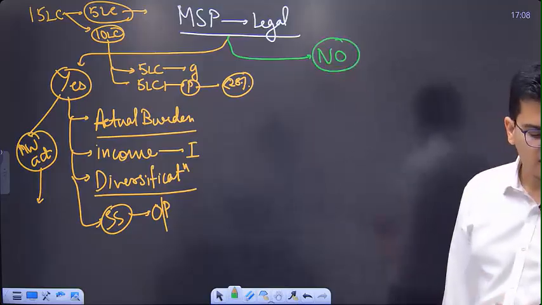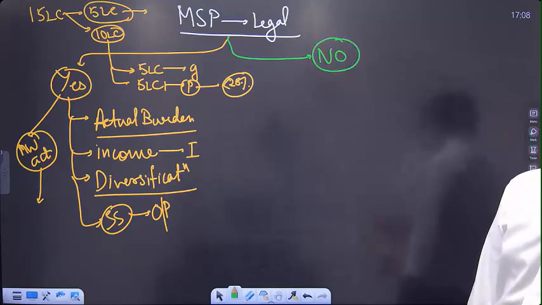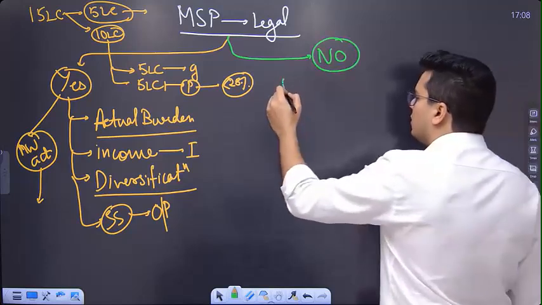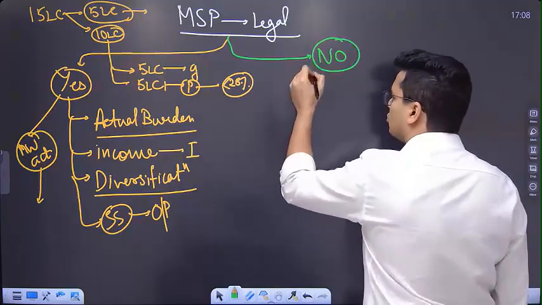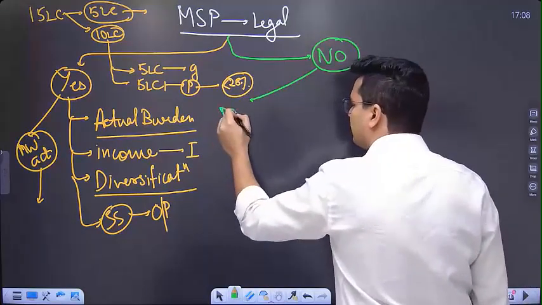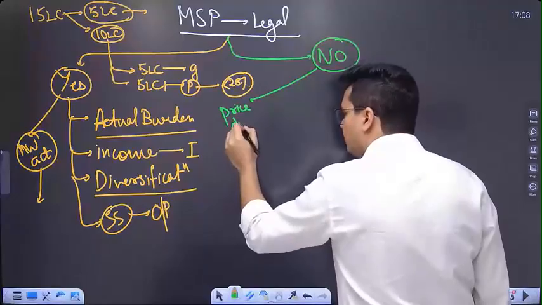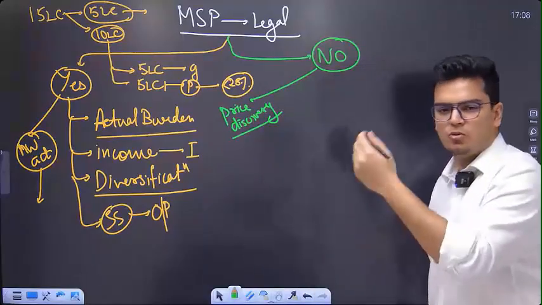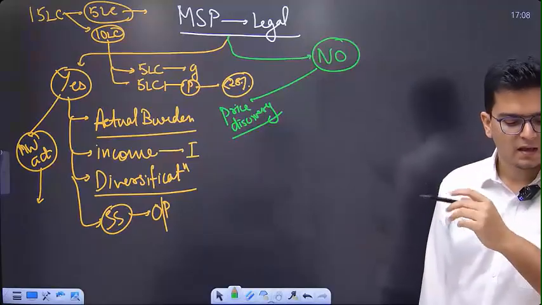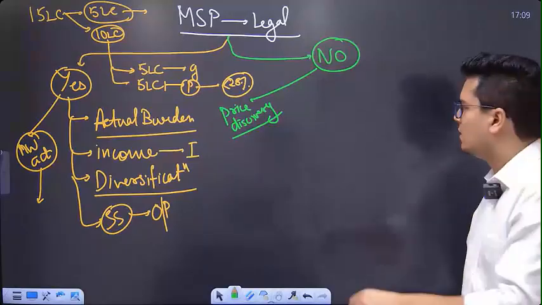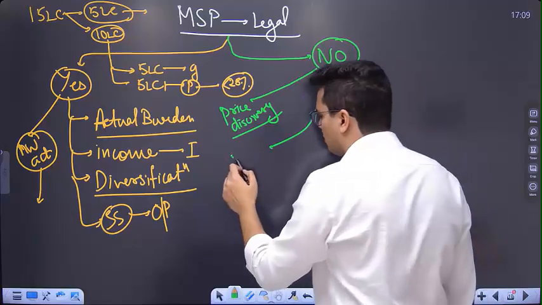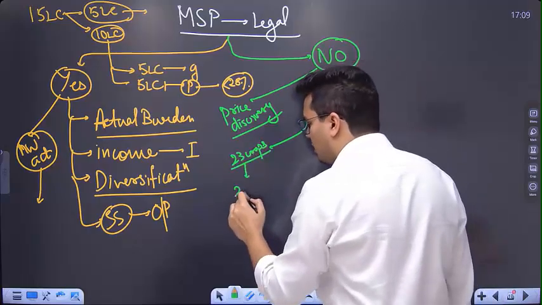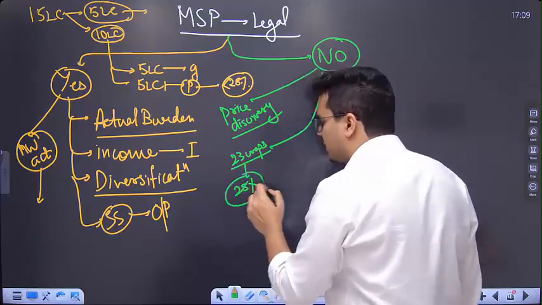Now, what are the arguments for not legalizing MSP? Firstly, any product in the world, when it is sold, has to be sold through a certain price discovery mechanism. If you've legalized MSP, there is no price discovery, right? Even if you legalize it, the 23 crops that you actually pay MSP for are only 28% of India's agricultural production.